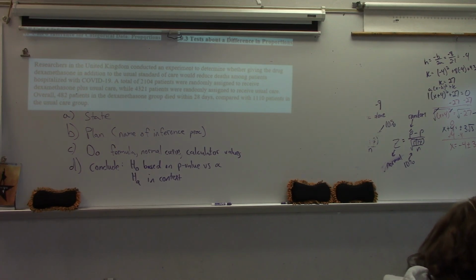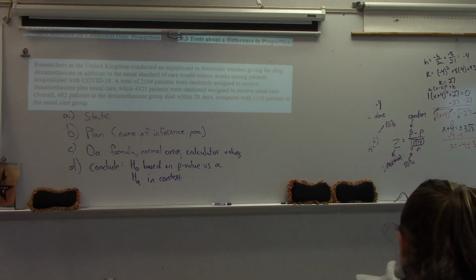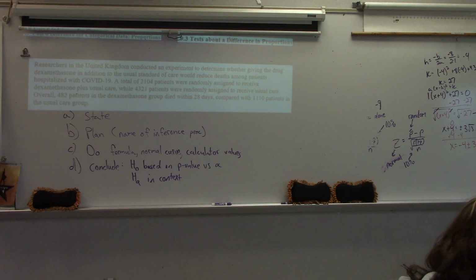We're not going to go through all the work for this because we don't have time. But I need everyone to look at this setup, and I want you to tell me what type of inference you would be making. Not what the inference is, but what type of inference you would be making based on this information.